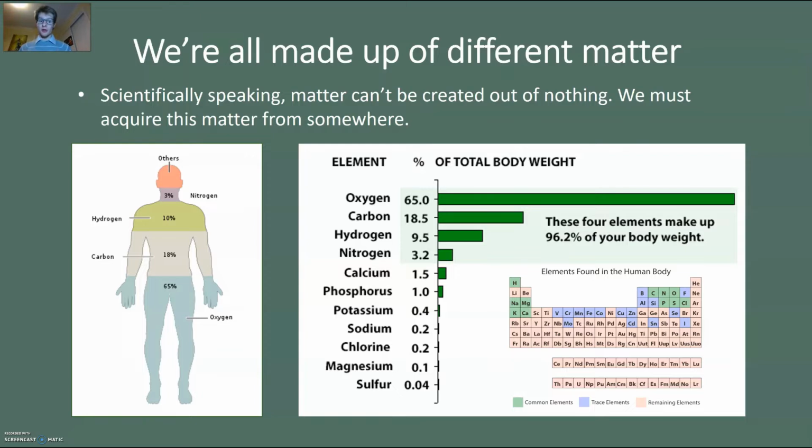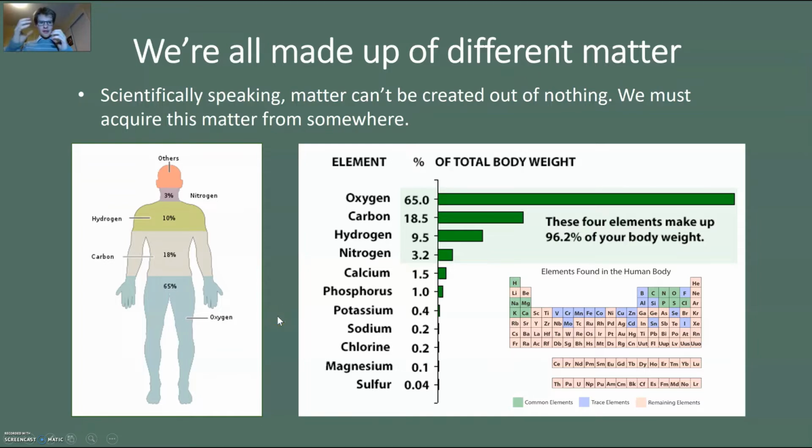The same can be said for us. The carbon atoms and oxygen atoms and everything that exists in us originated from somewhere else. Those atoms might have first come from, say, our mother. They might have come from the food we've eaten. And even those atoms would have come from somewhere else beforehand.